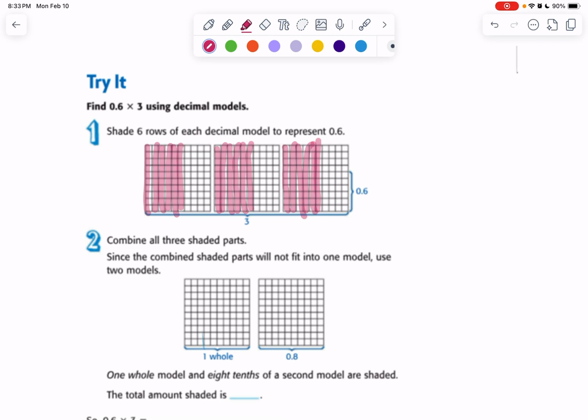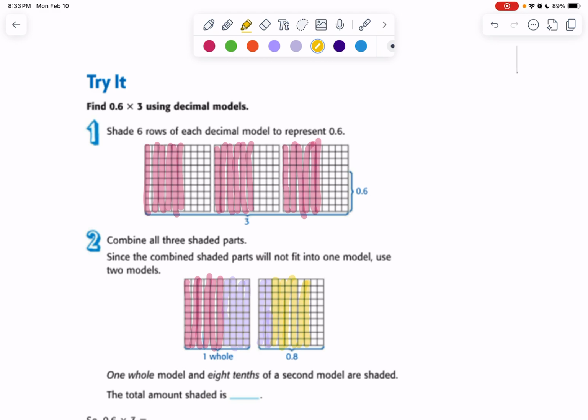Now we need to combine them all into as few hundred squares as possible. So 1, 2, 3, 4, 5, 6. And then let's put another 6/10 on. 1, 2, 3, 4, 5, 6, and then a third set of 6/10. 1, 2, 3, 4, 5, 6.